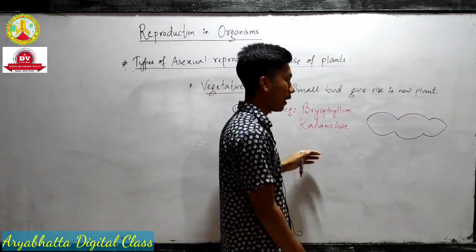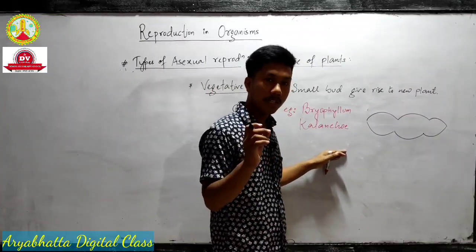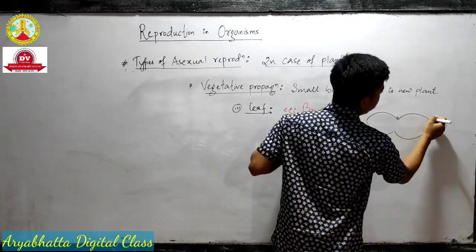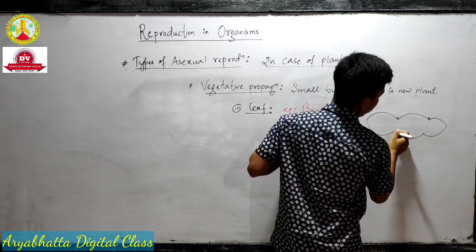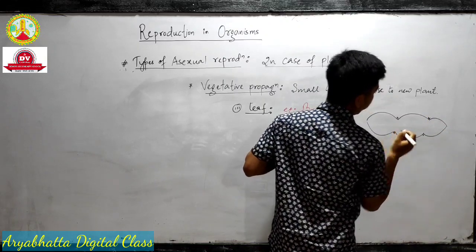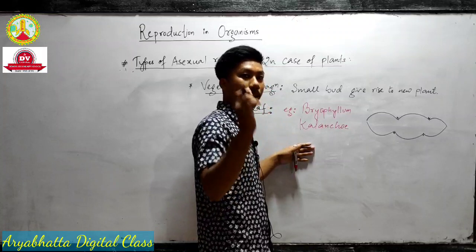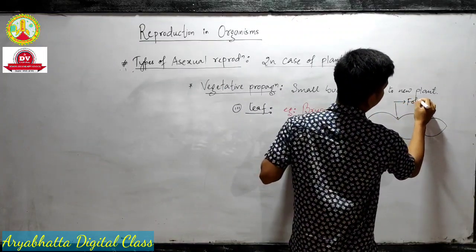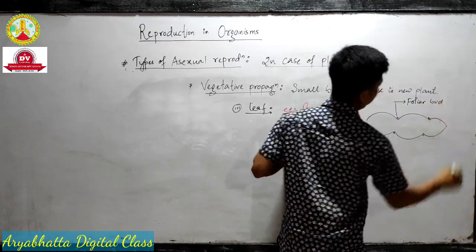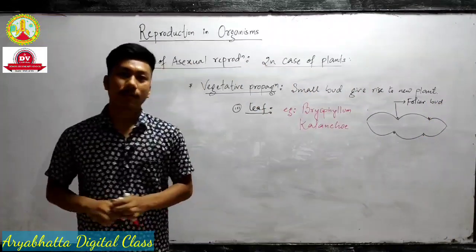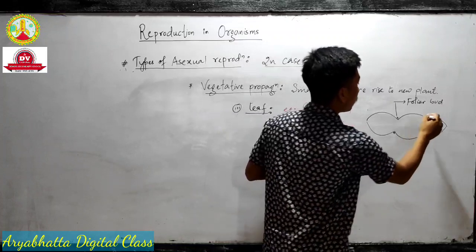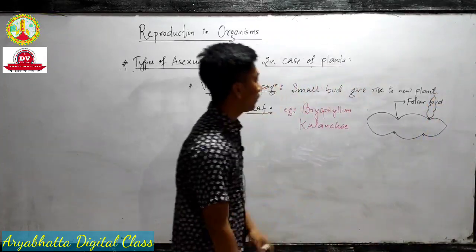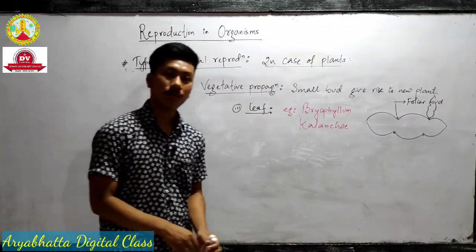A small tiny leaf, green in color, very thick and fleshy. On the node region, a small bud develops. That bud is known as foliar bud. From that bud region, it gives rise to a new individual, in case of Bryophyllum or Kalanchoe.